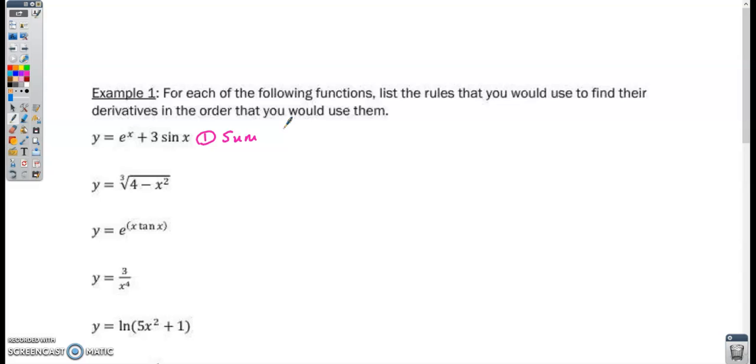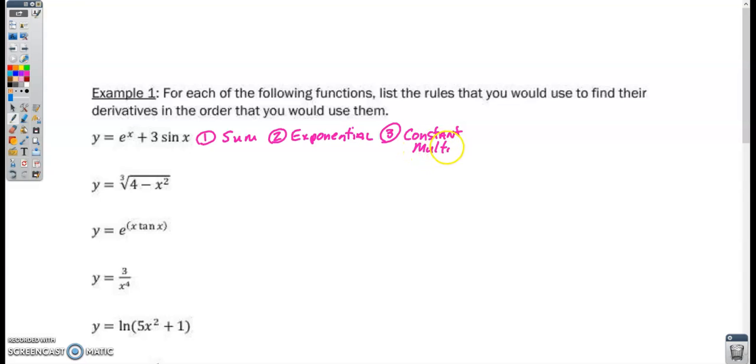The derivative of this expression is equal to the sum of the individual derivatives. And then I need to apply an exponential derivative rule to take the derivative of e to the x. And then to take the derivative of 3 sine of x, I need the constant multiple rule to deal with the 3.